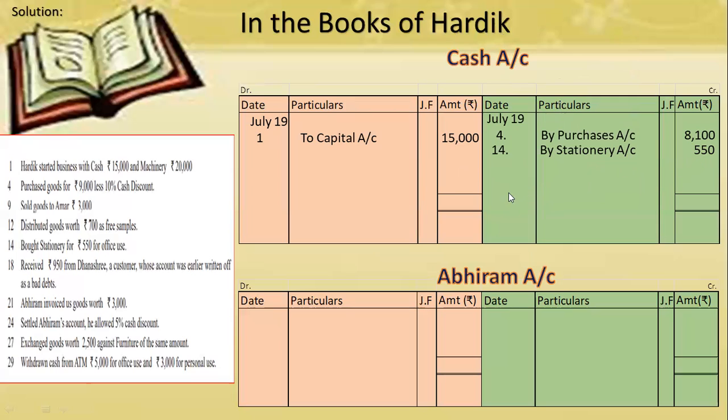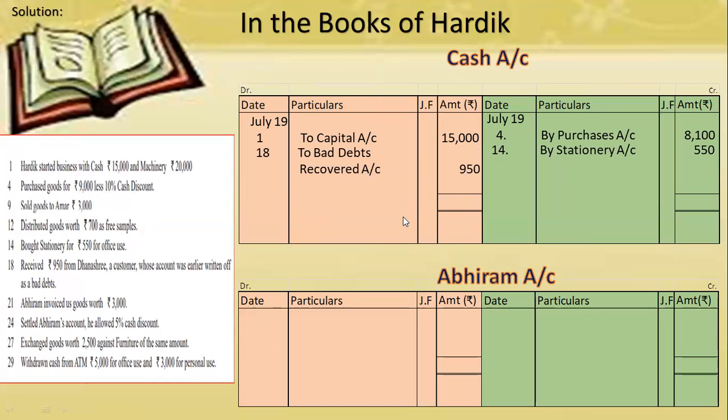Then post it to cash account credit side as stationery of rupees 550. Received rupees 950 from Dhanashri, a customer whose account was earlier written off as bad debts. As bad debts were received in cash by the firm, the transaction is posted as bad debts recovered account in cash account debit side rupees 950.